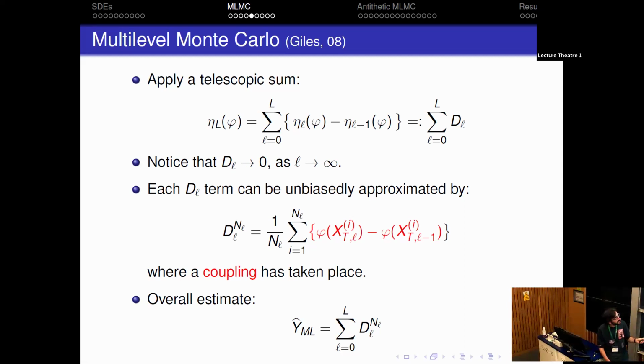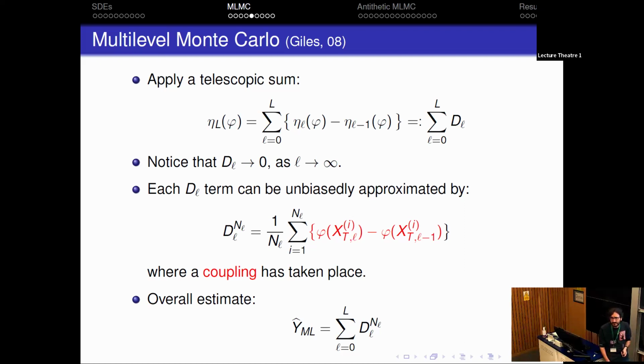These are Monte Carlo samples from 2 different levels, from 2 different choices of this step size. In the Euler scheme, for instance, or whatever other scheme, they should be quite close to each other if you do a careful coupling of these 2 random variables.